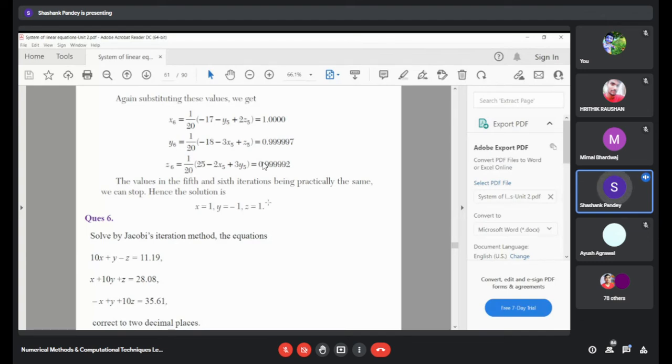So can you solve this question number 6 and comment on which method will converge more rapidly? Abjit, which method will converge more rapidly? Okay, so you solve this question number 6 using the Jacobi iteration method.